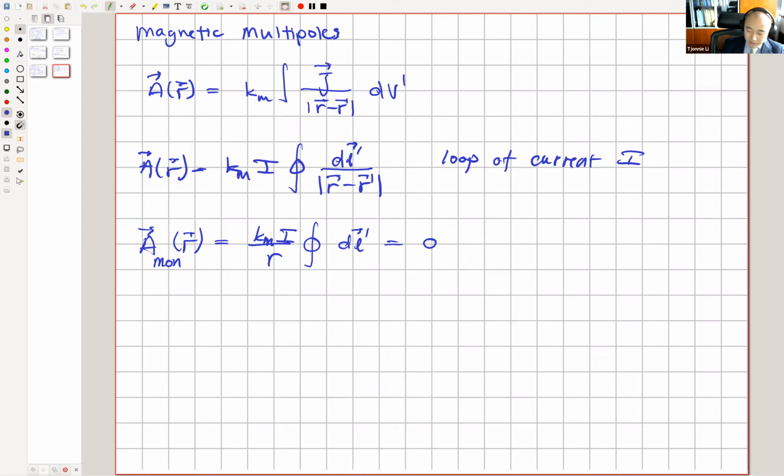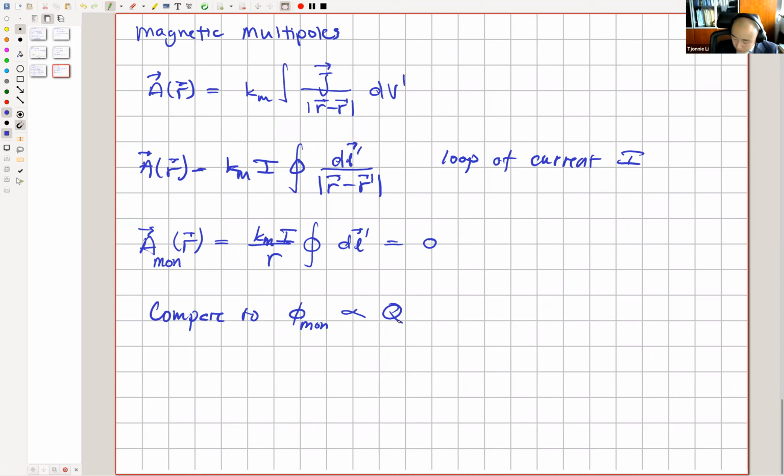Now, this is something that shouldn't be very surprising. Remember that if we compare to some phi of the monopole, which is simply related to Q, the charge. But, as most of you know, there is no magnetic equivalent of charge.